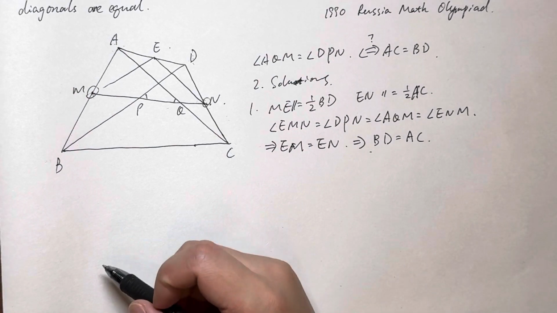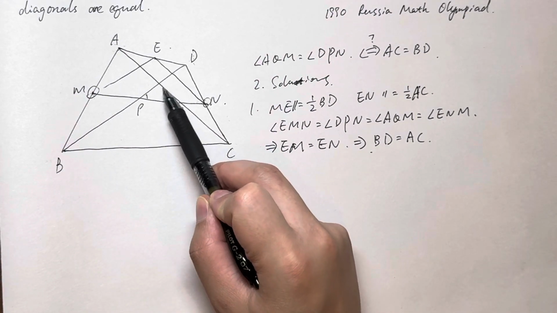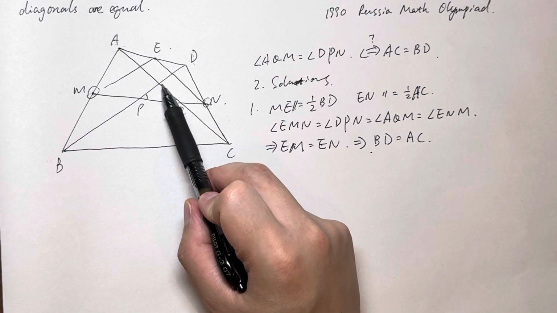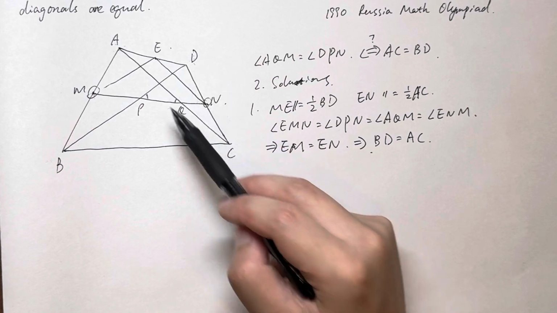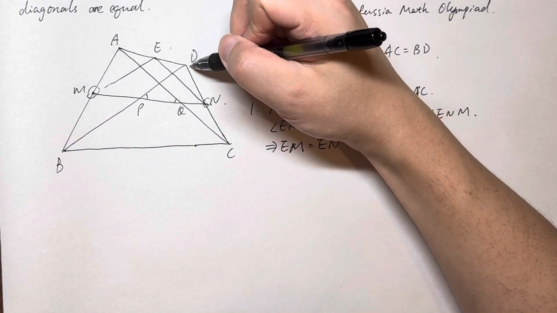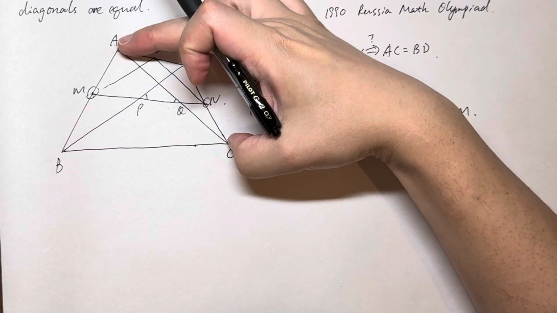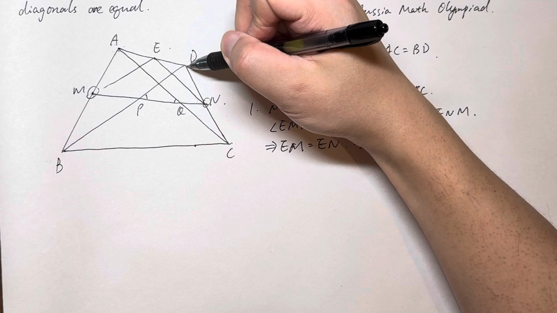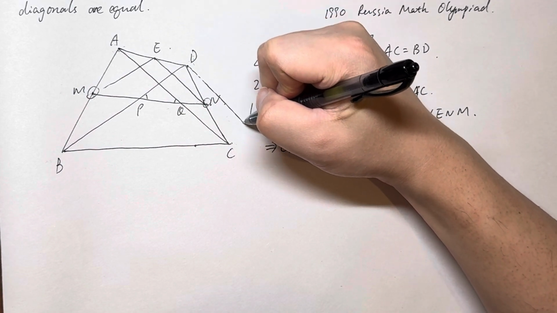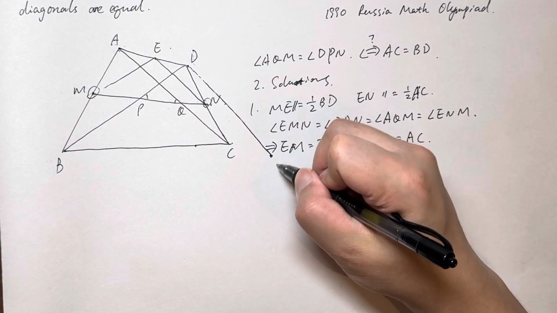Okay, that's the first solution. And the second solution, as I said, we can think about this isosceles triangle. We want to use it, so we can force BD and AC to form a triangle. That means we can simply draw a parallel line from D to AC, right? The line parallel to AC from D, let's call it DF.